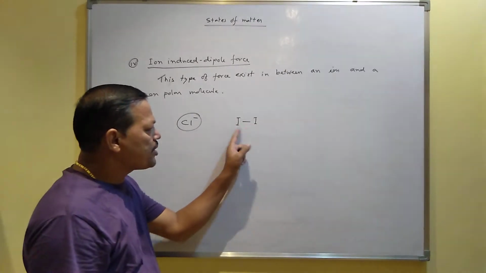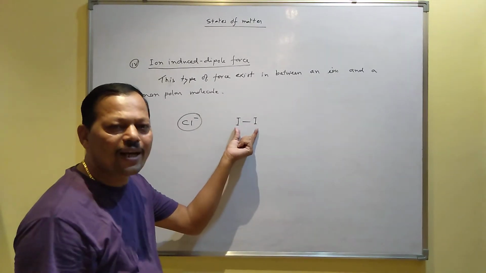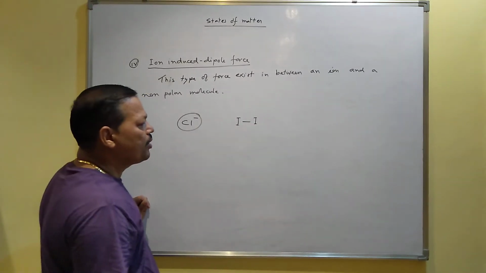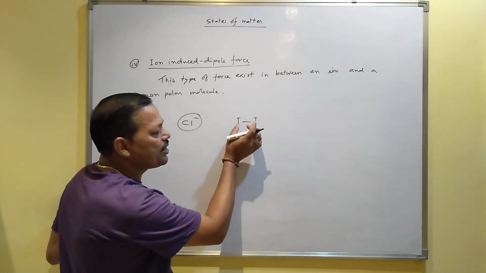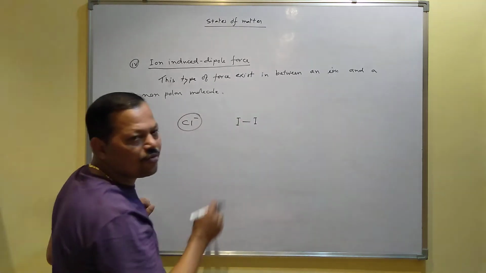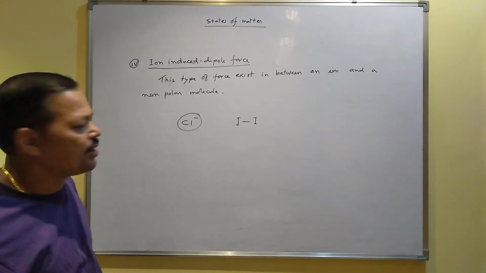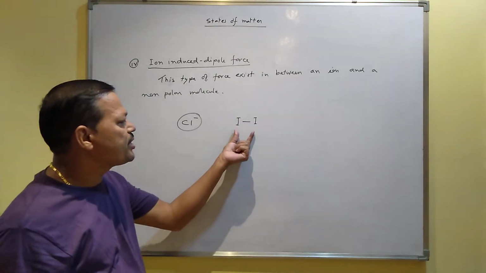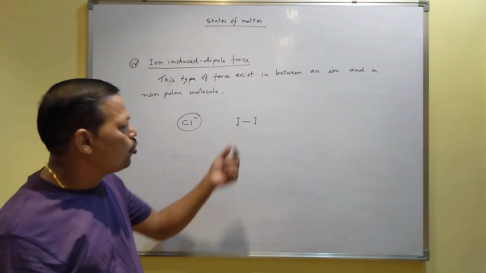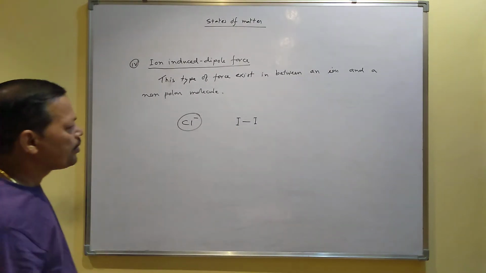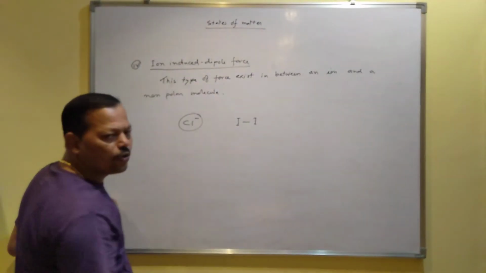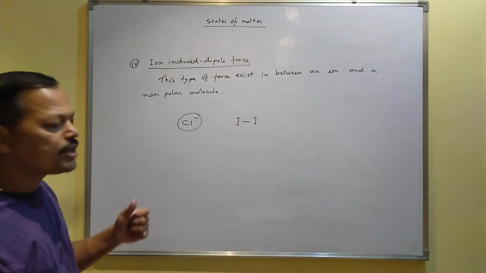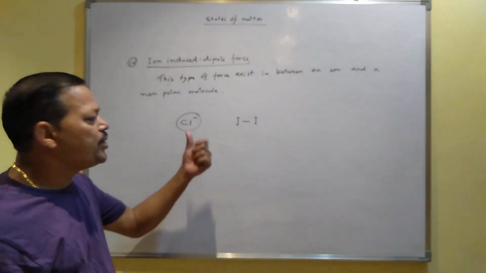Since both the atoms are same, I mean their electronegativity is same, that is why both the iodine atoms will attract the bonded electrons equally, and that is why they cannot form any kind of delta plus and delta minus, and that is why this type of molecule is called a non-polar molecule. Now, when this anion comes towards this non-polar molecule, then also some force of attraction exists between them.